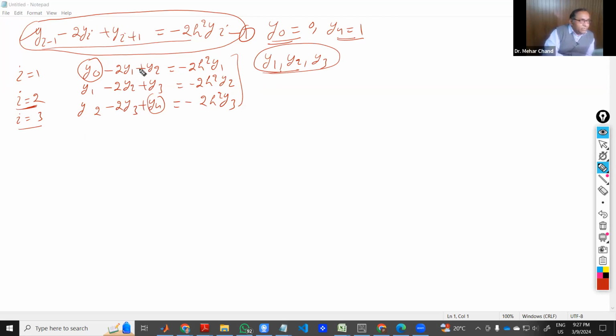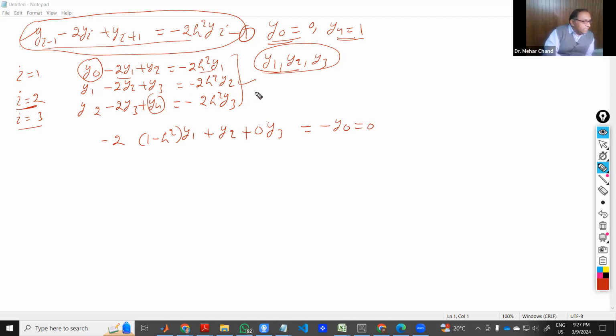Taking y1 common, the first equation can be written as -2(1 - h²) y1 + y2, where the coefficient of y3 is 0, equal to -y0, but y0 is 0.